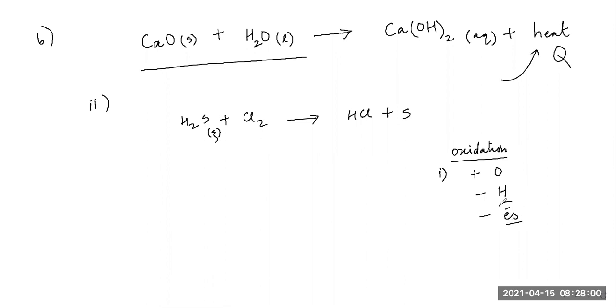Correct, instead of saying removal of electrons, better say loss of electrons. And if it is opposite, meaning removal of oxygen, gain of hydrogen or gain of electrons, it is known as reduction reaction. Beautiful. So guys, which is the oxidizing agent and reducing agent in this reaction?